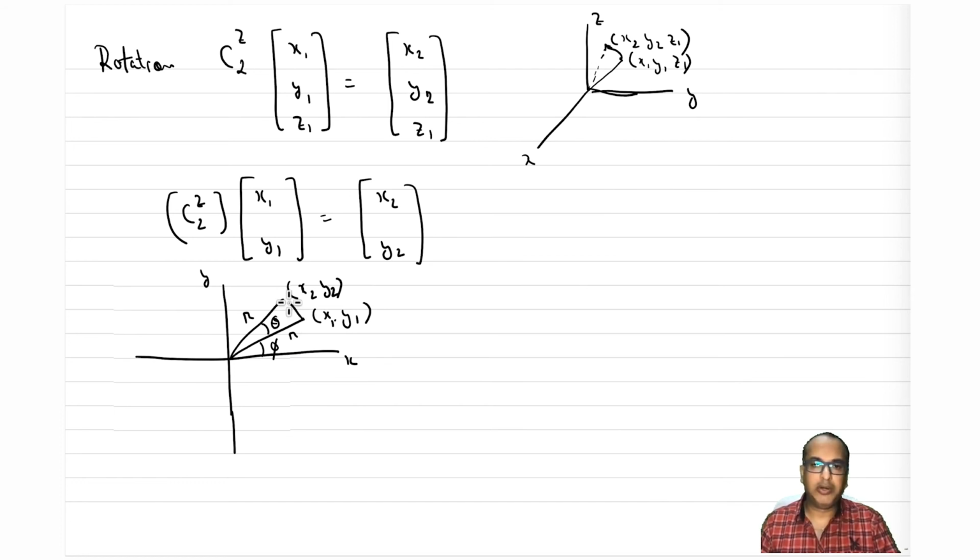So this is my rotation, right? So if we want to write now x2, y2 in terms of x1, y1, how do I write?